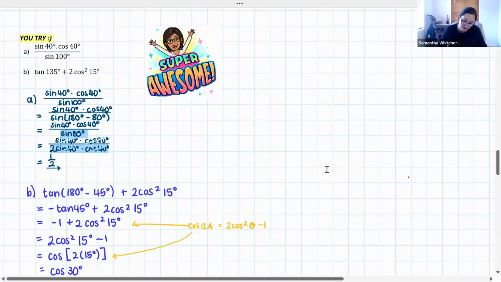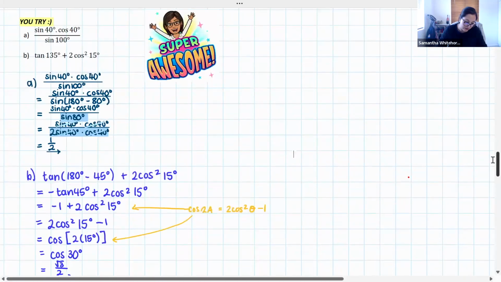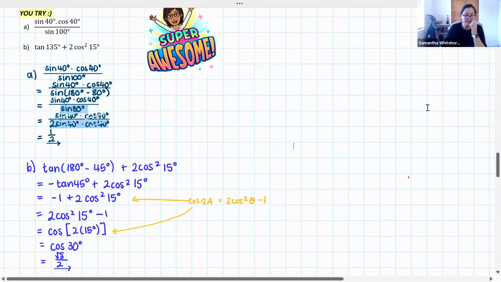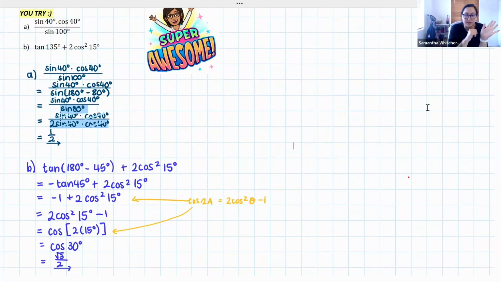Okay, so if you need to take a screenshot of these two, you can do that now. So for that second question, the tan 45 became something I didn't even need to stress about. It was a 15 degrees. And 15 degrees, again, you should automatically be thinking, if I can get that to be a double angle, I can get a 30-degree angle, special angles, apply my special angle formula.